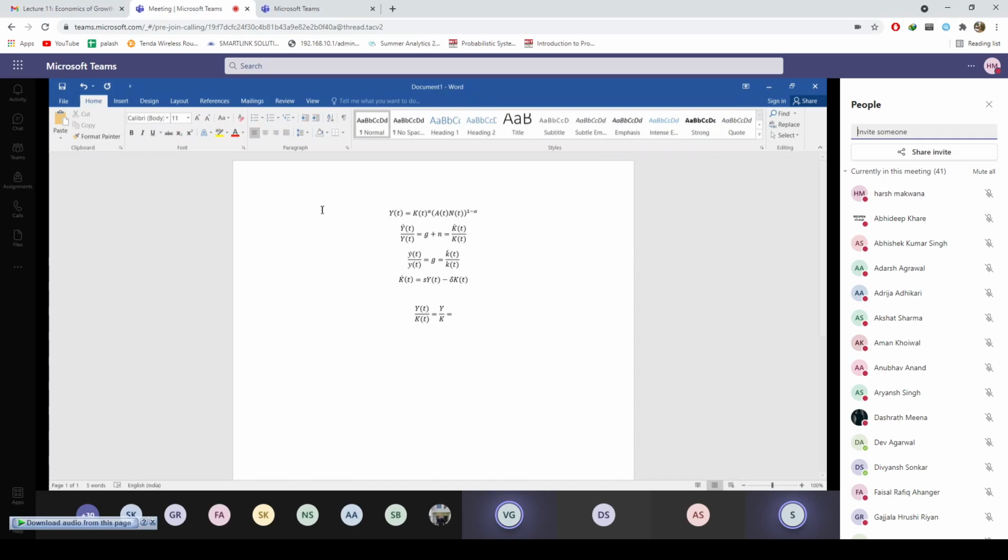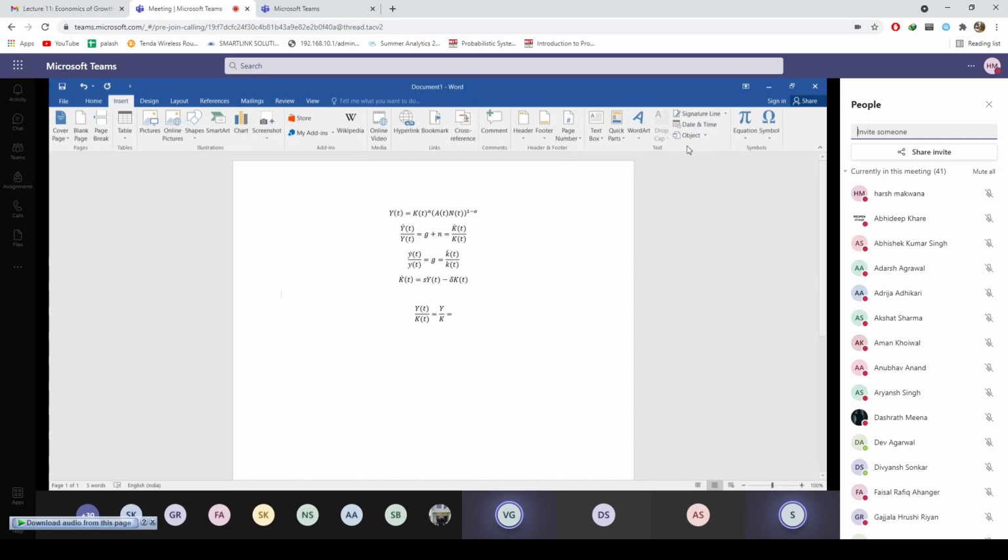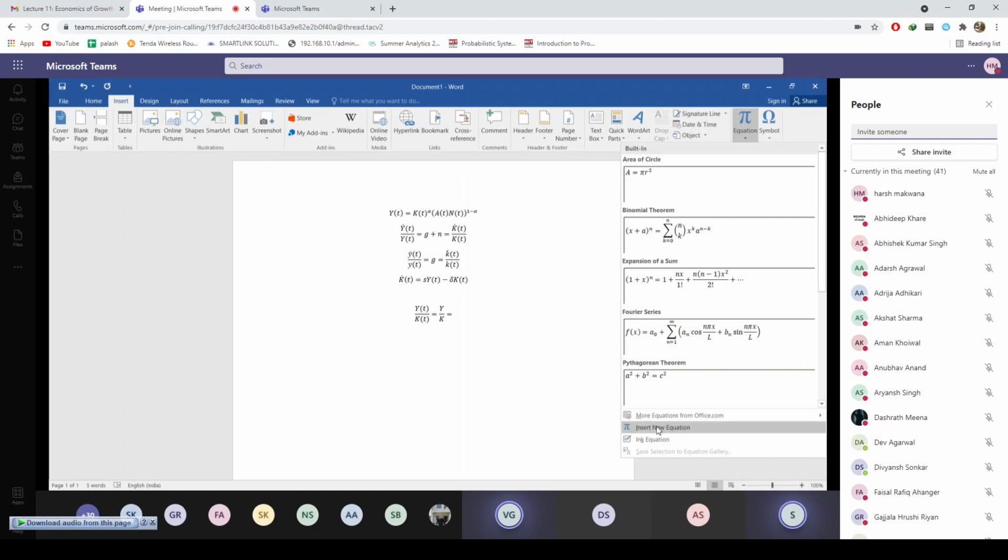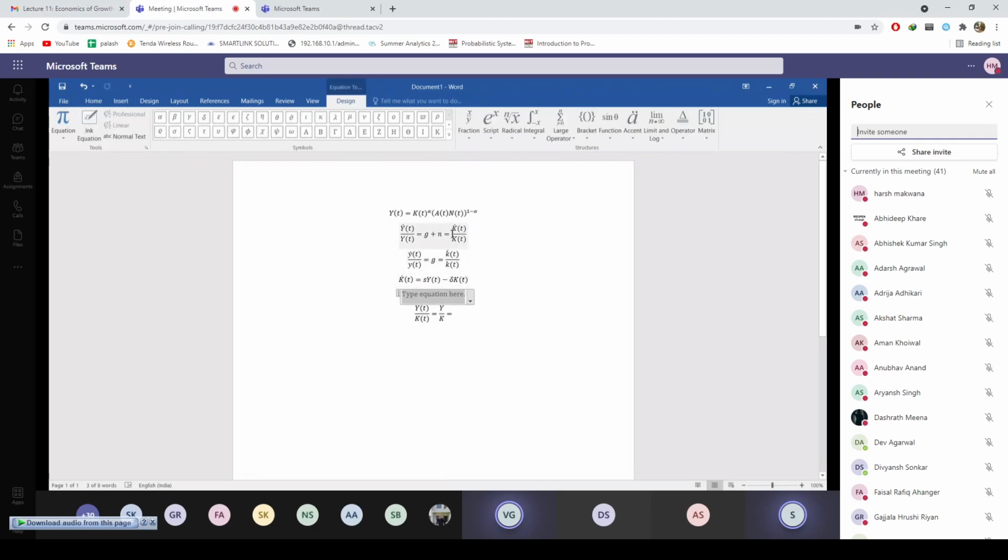Okay, so how do I do it? I will divide both sides by Kt first. So this is another way of solution. If I divide both sides of the fundamental equation by Kt, I will get this equals to small s Yt by Kt minus delta.